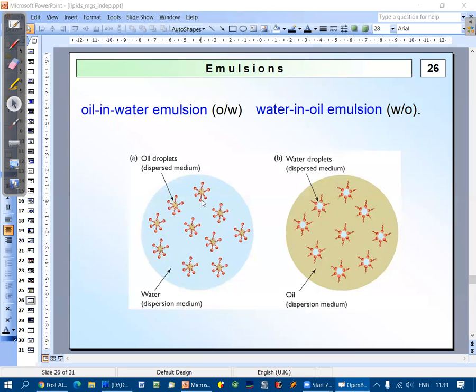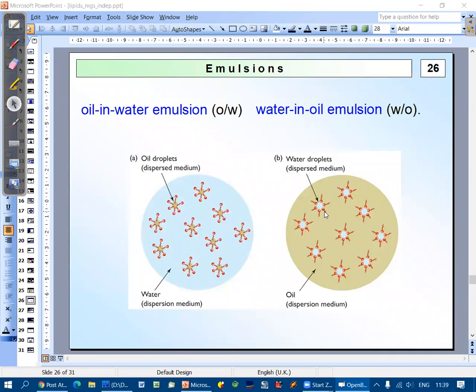These are molecules of surfactants. And in case of direct emulsion or oil in water emulsion, a molecule of surfactants will put their non-polar tails inside non-polar droplets, leaving polar functional groups in polar solvent.